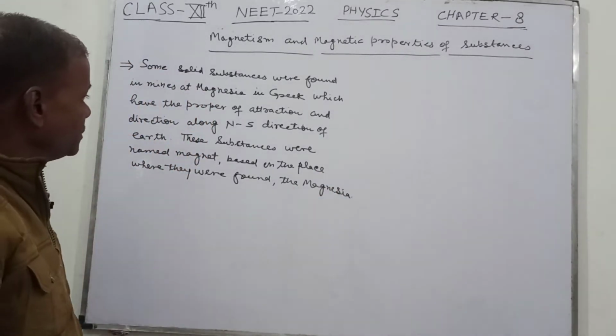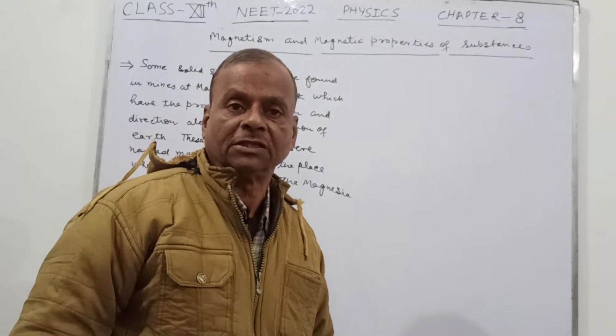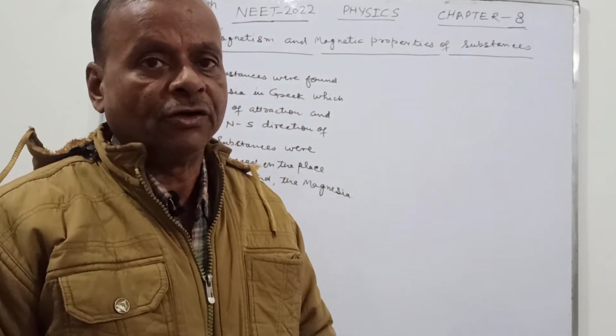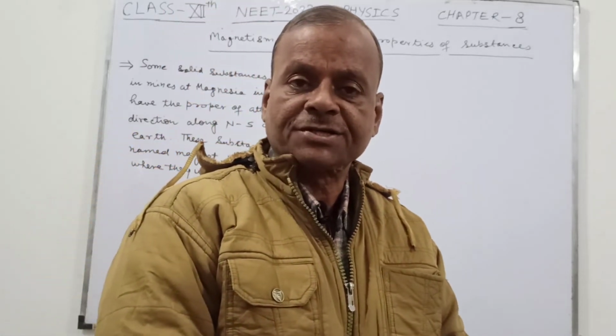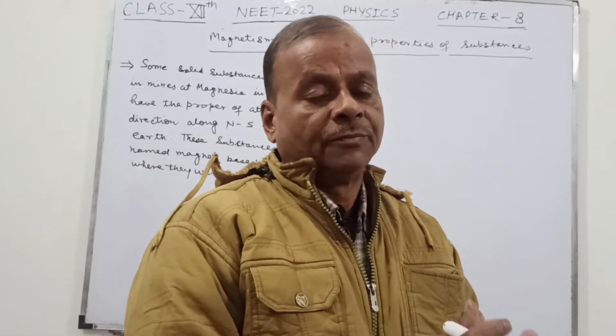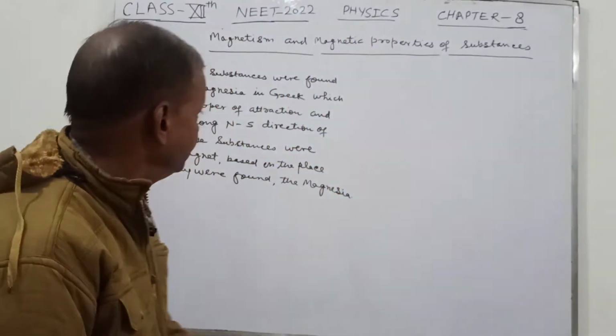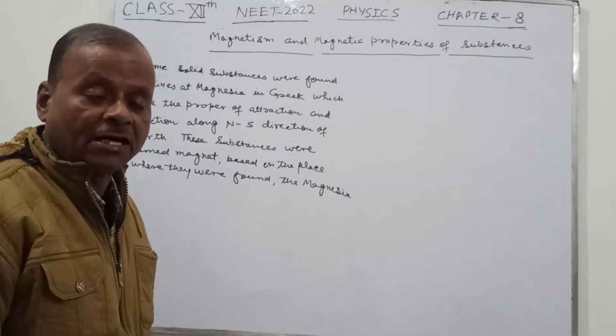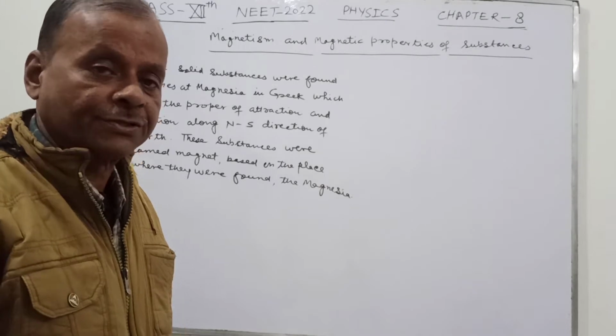Because these solid substances were found in Magnesia, they were named the magnet. They have the property of attraction and the property of direction. So these substances attract the iron-like elements.